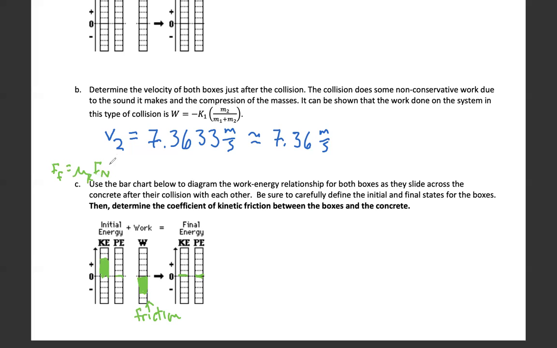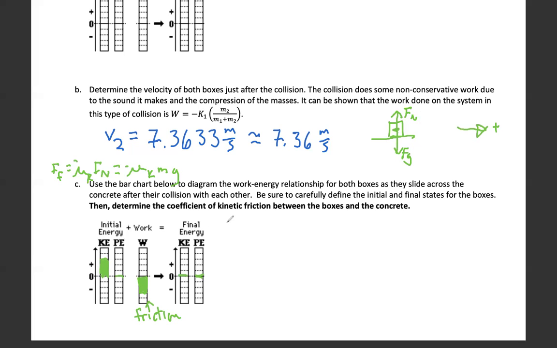In this case, the box is just sliding across a flat surface, so the normal force does equal the weight. So this is just mu k mg. That is the force, and it is opposite the direction that we're moving. If we call to the right the positive direction, then the friction has to be in the negative direction in this case.